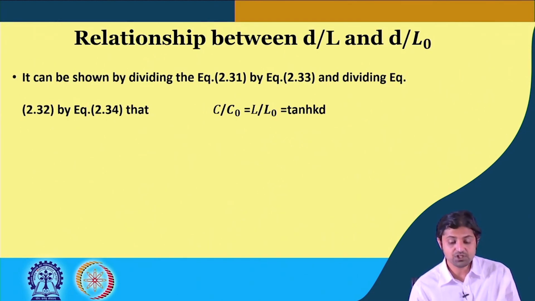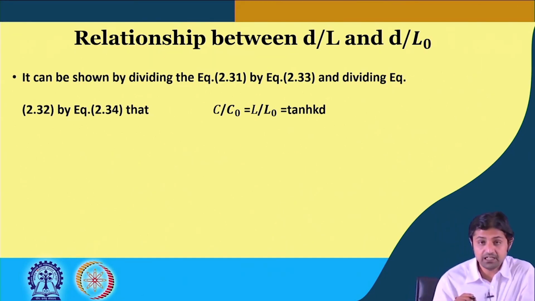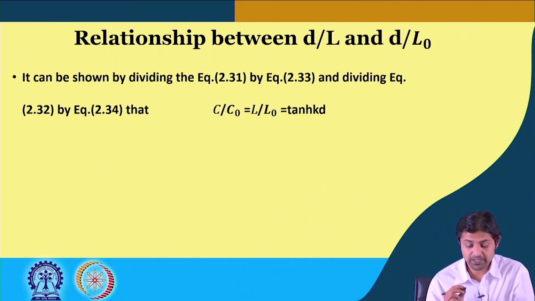If you divide equation 2.31 by equation 2.33 and equation 2.32 by equation 2.34, we can simply get the relation. 2.31 and 2.32 are the equations for the general form, and 2.33 and 2.34 are those of deep water.